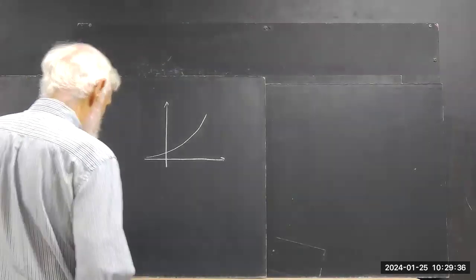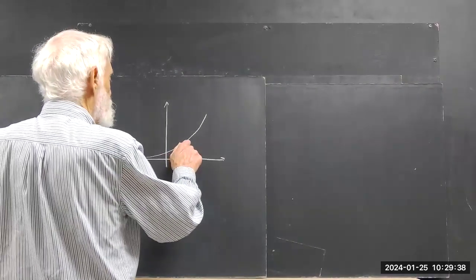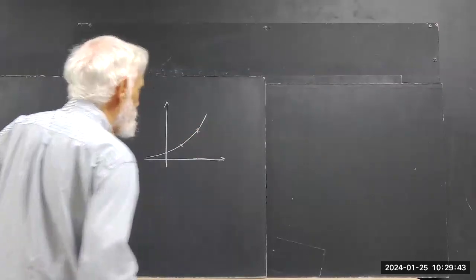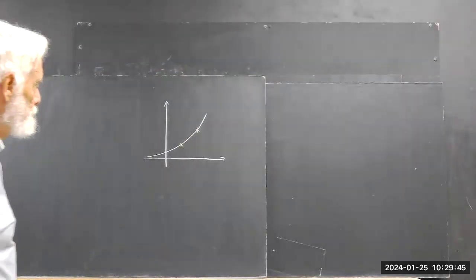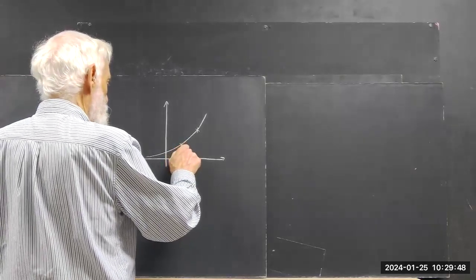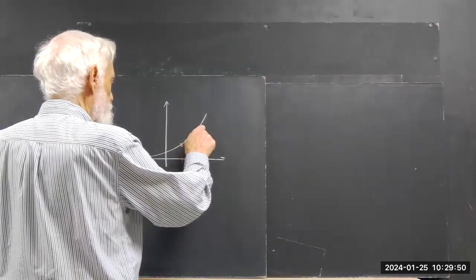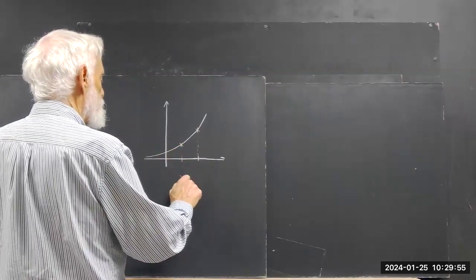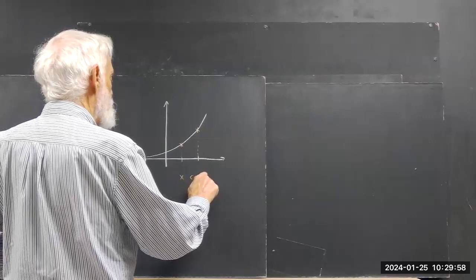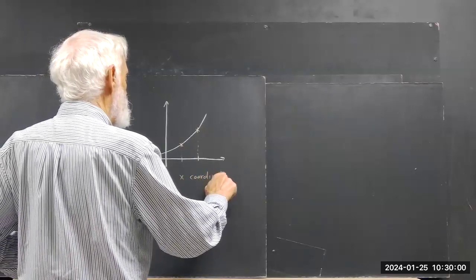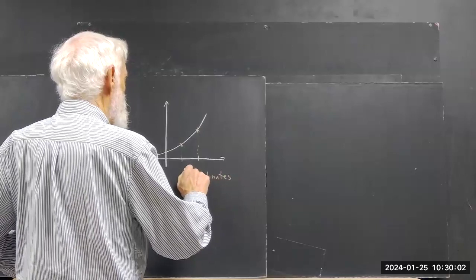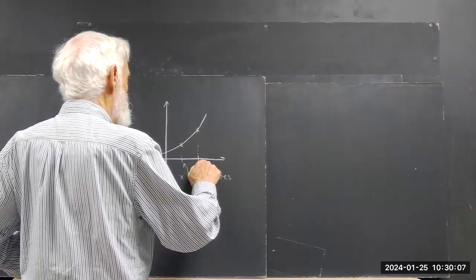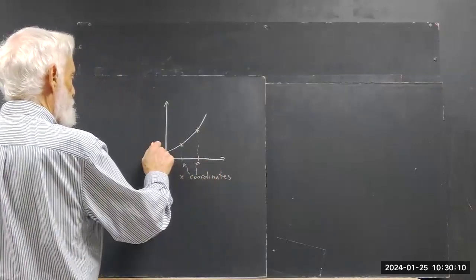Now, I take 2 points on this graph. Then I can find the x coordinate of each one. And by x coordinates.